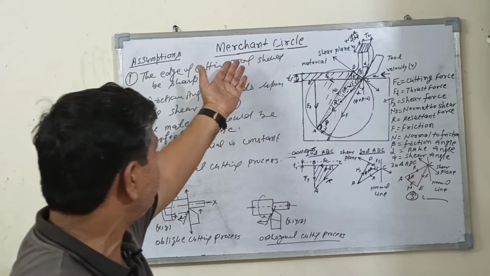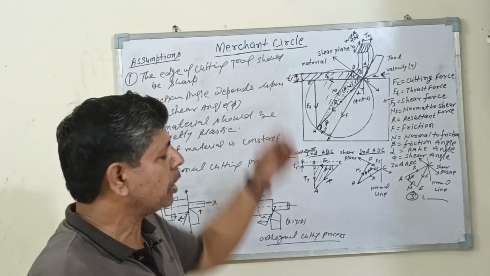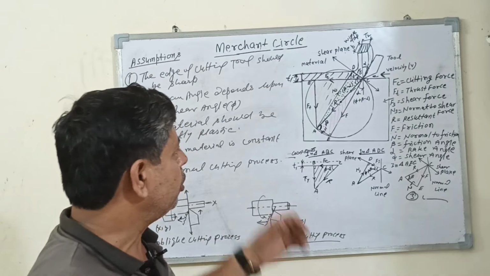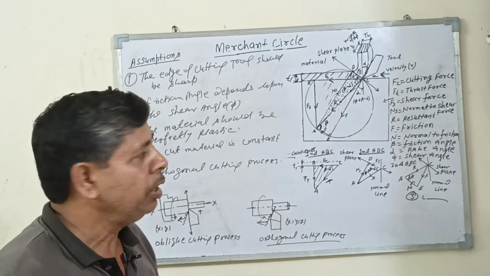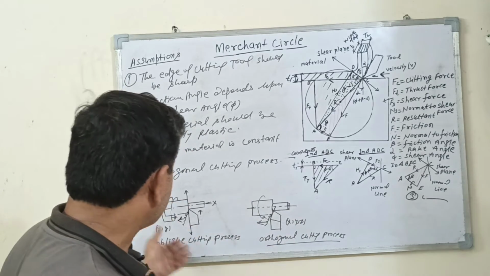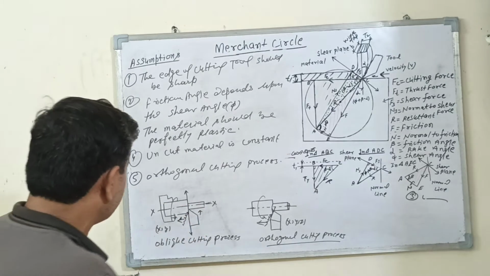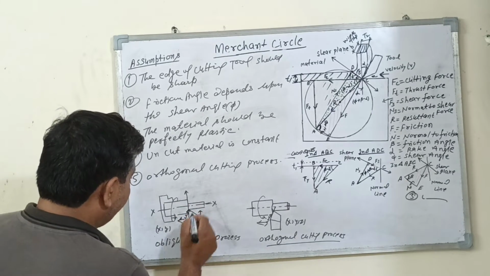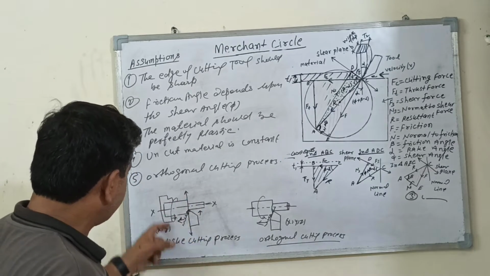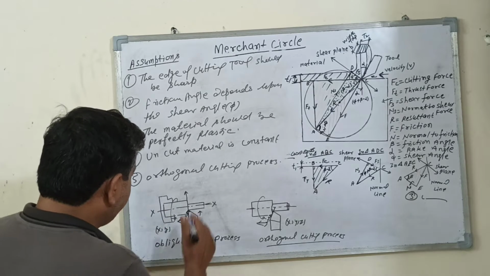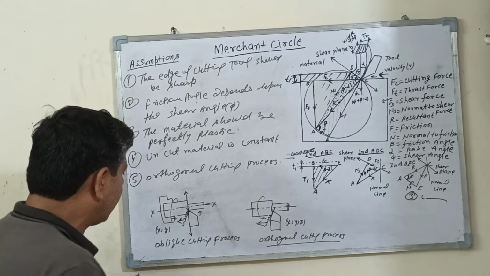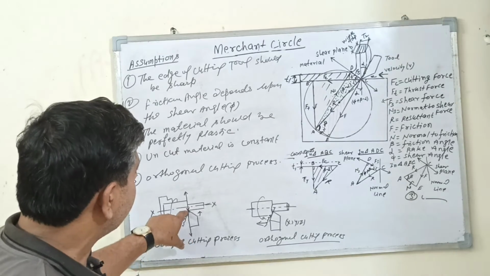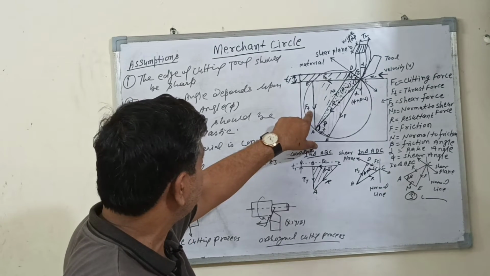Why is the merchant circle needed? The merchant circle is generally used to analyze the different types of forces. During the cutting process, when the tool is fed, some force also acts in the opposite direction. That force is called the thrust force.